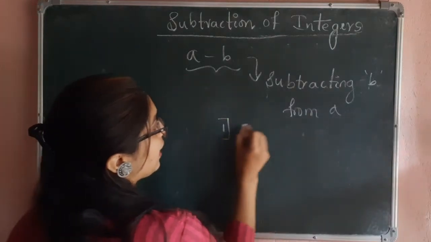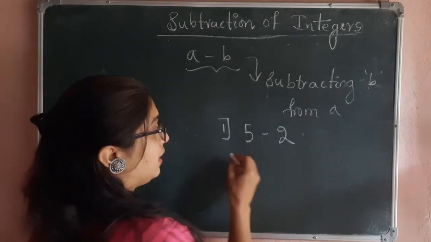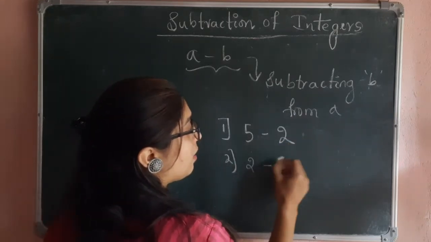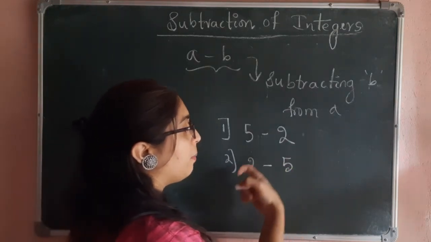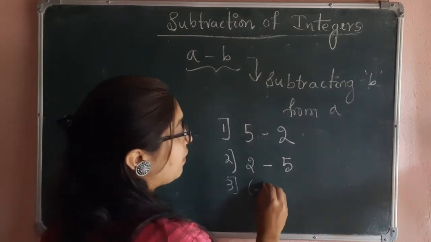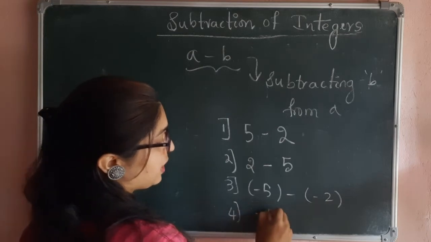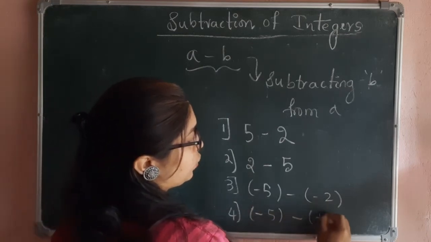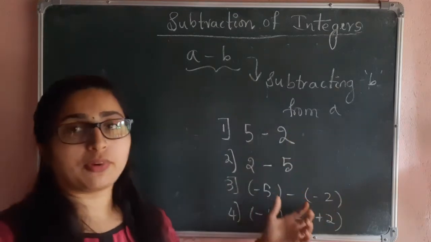You can have a greater number minus a lesser number, or a lesser number minus a greater number, meaning subtracting a greater number from the smaller number. You can also have negative integers, like minus 5 minus plus 2. So there are different cases of subtraction.